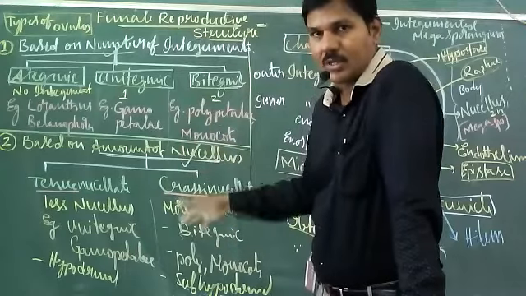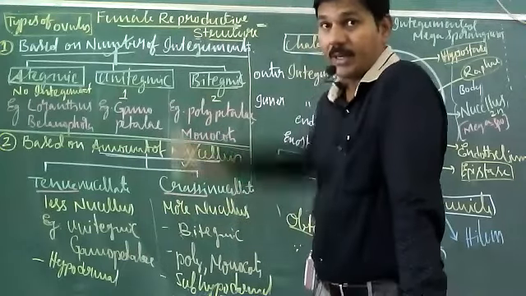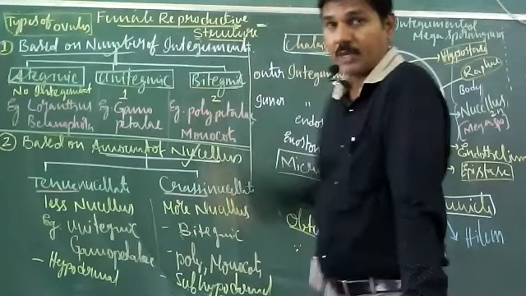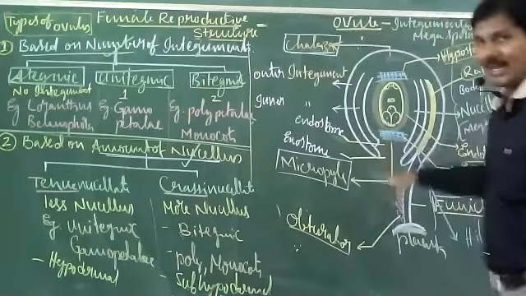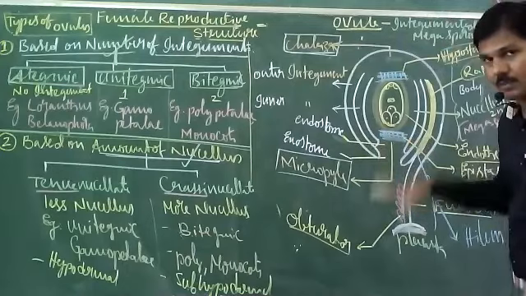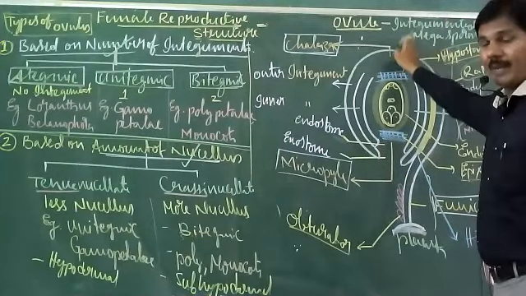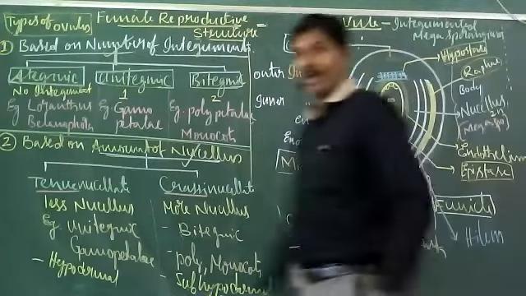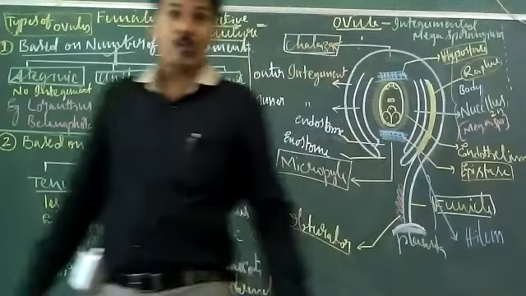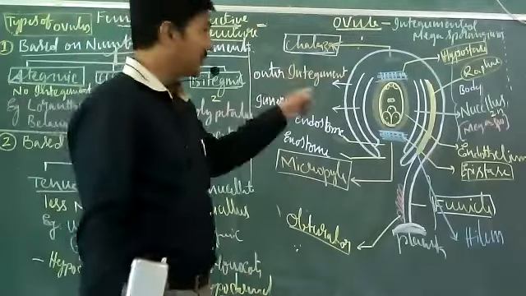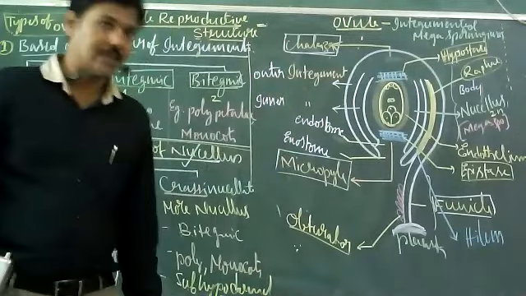Objective, very important. And these two for objective. Structure for board as well as objective. And this is an objective point: ovule is an integumented megasporangium. And what is megasporangium? That is nucellus.